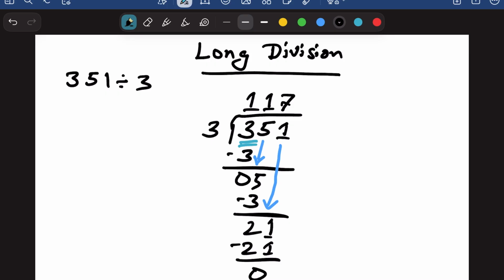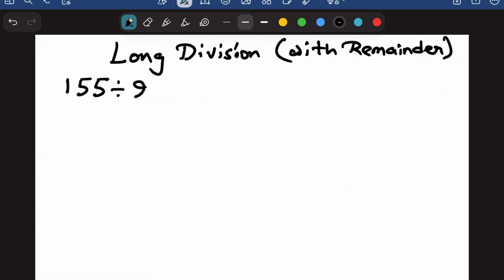You write the answer like this. You write 117 and R0. R means remainder, so there is no remainder. So this is the best way to write it. Even if you write 117, this is still correct. So both of these are the right way to express the answer.